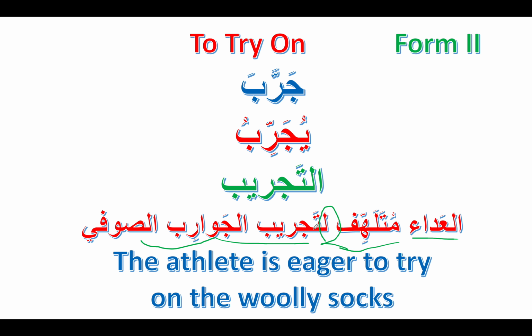That's why we don't need to say التجريب الجوارب الصوفية, because only the final noun, which is al-jawārib, takes the definite article, the L, and the adjective is agreeing with the noun, so it also takes it. But the tajrīb does not need it before, as it's only the final noun in the idafa construction that takes the definite article. Okay, moving on.